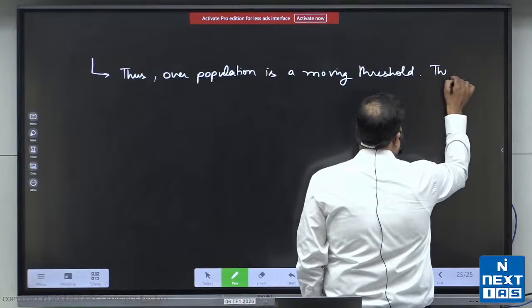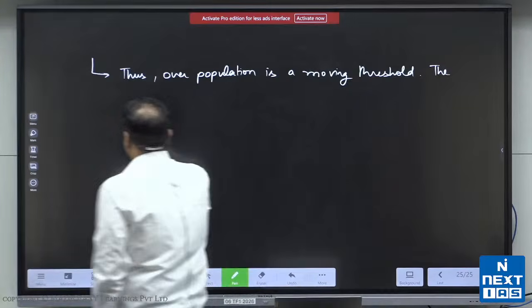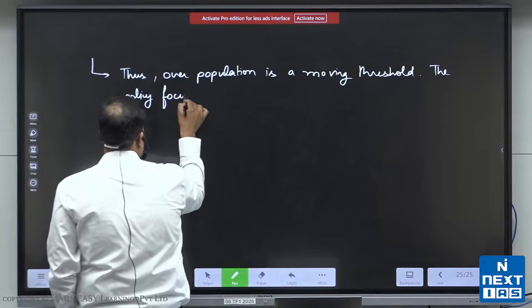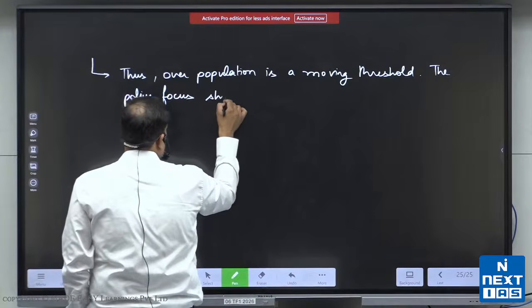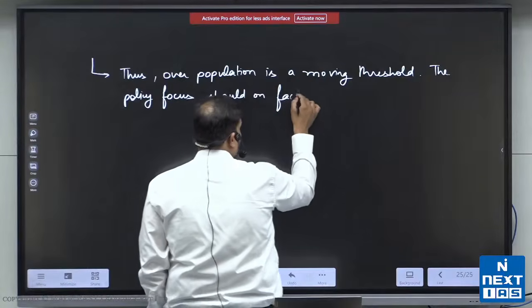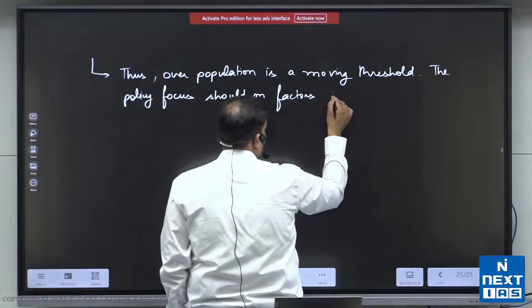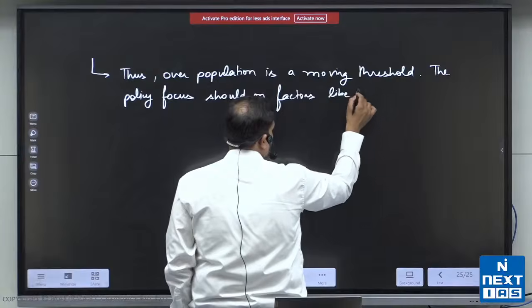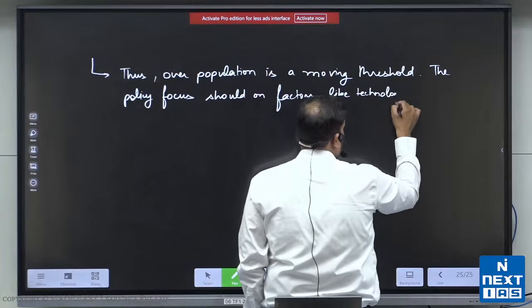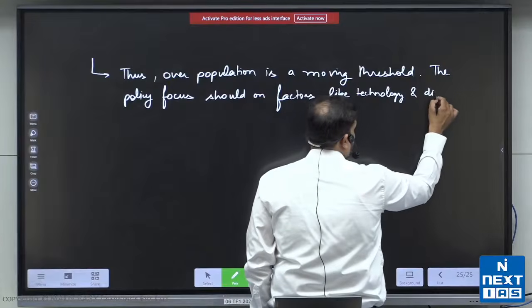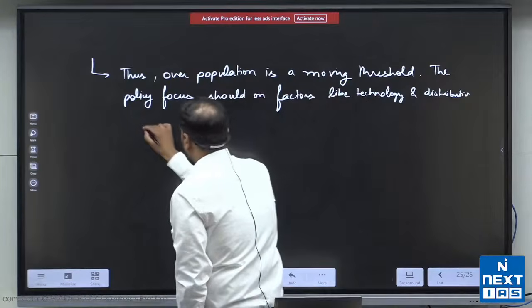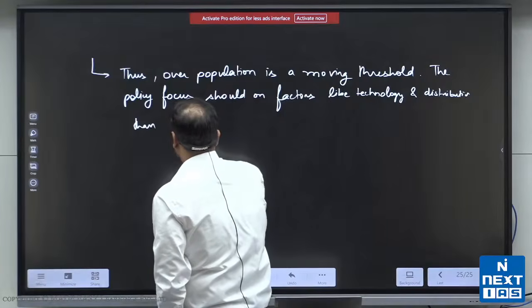The policy focus should be on factors like technology and distribution than population size only.